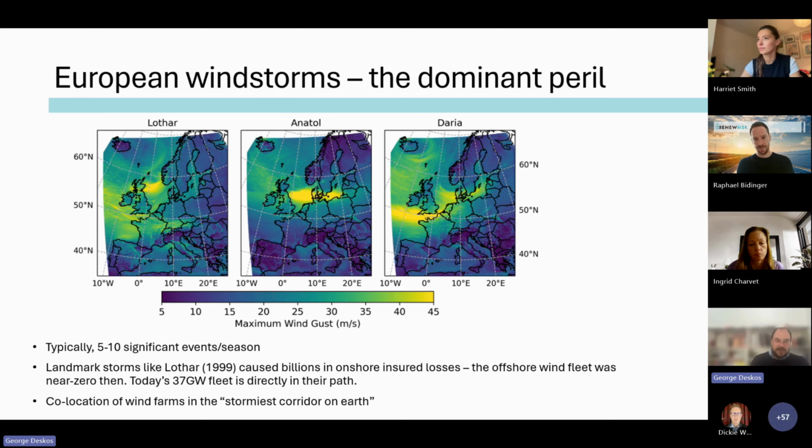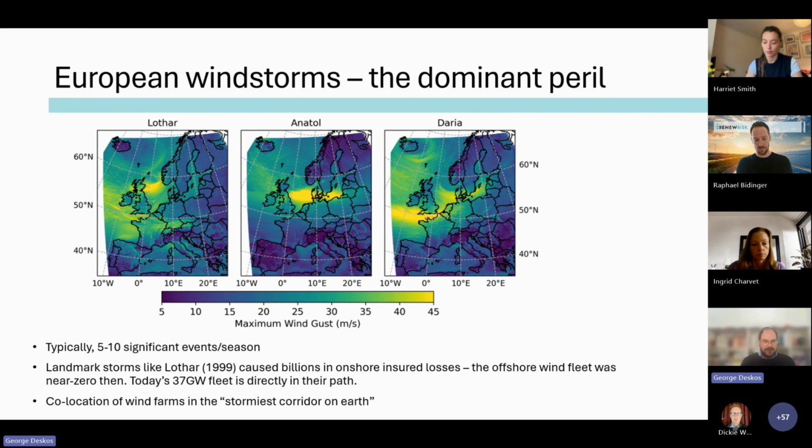There have also been landmark storms like Lothar in 1999, which caused billions in onshore insured losses. Back then, the offshore wind fleet was near zero. There was only a handful of wind farms offshore, and therefore there were no reported damages. But today's 37 plus gigawatt fleet is in a higher exposure region.